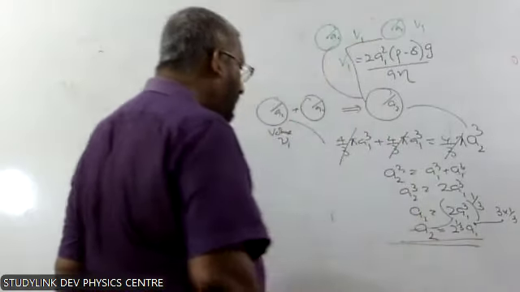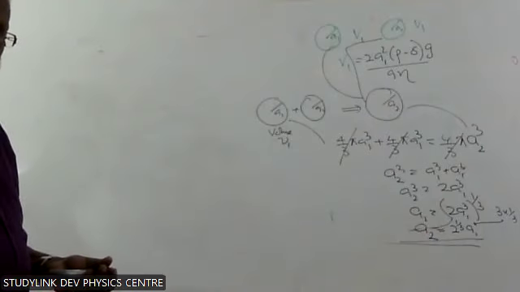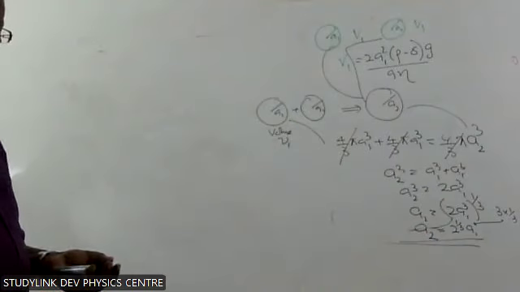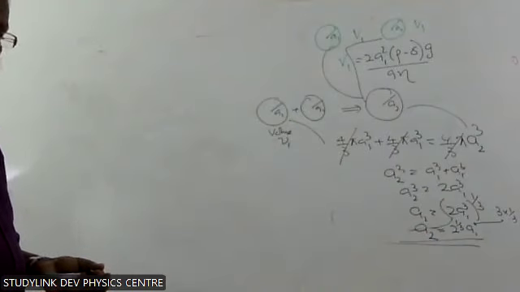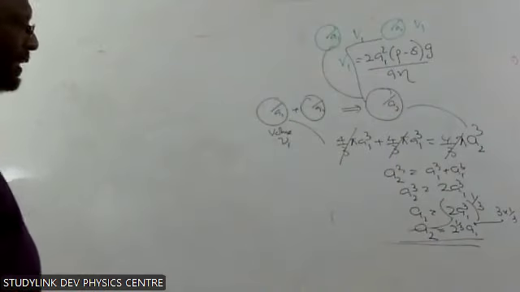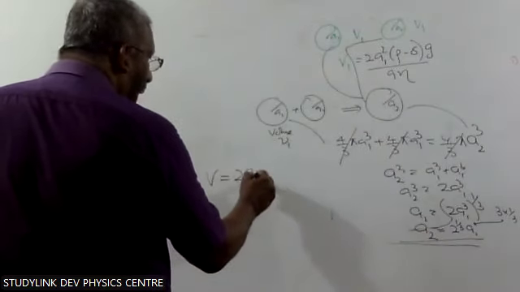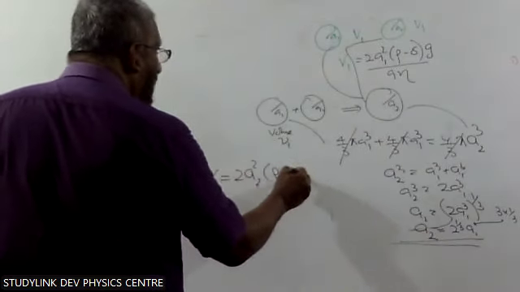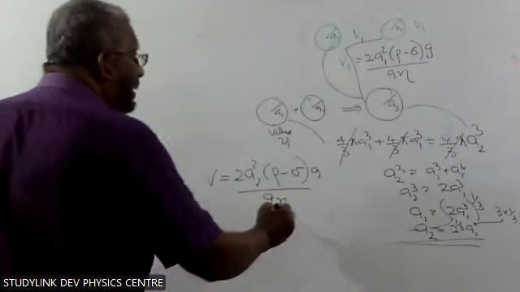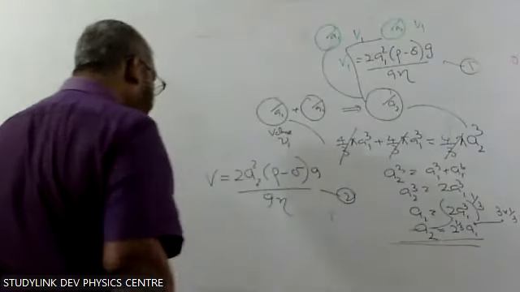Like that we can get it. Understood, no? After that, you apply again V is equal to 2A2 squared (rho minus sigma) g over 9 eta. This is the first equation. This is the second equation.